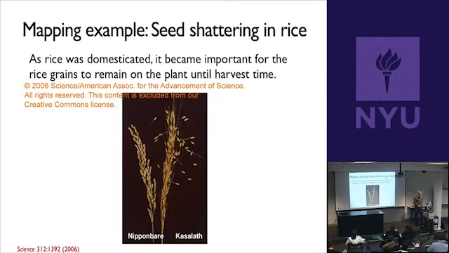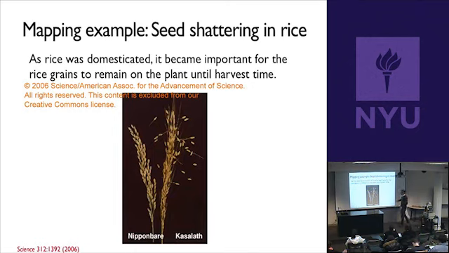Okay, so today we're finishing up on plants, and if you remember from last time, we were talking about how you actually identify genes that are contributing to differences in a particular trait. And where we ended up was this example, a particular trait in rice that is really important for the domesticated rice varieties.